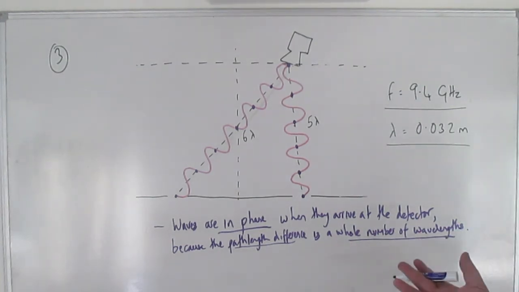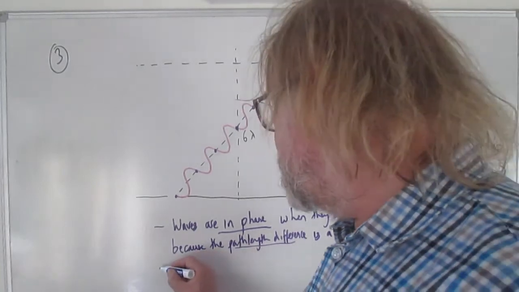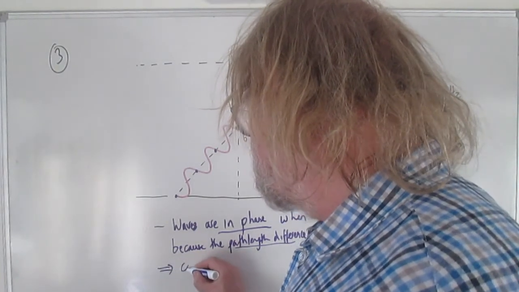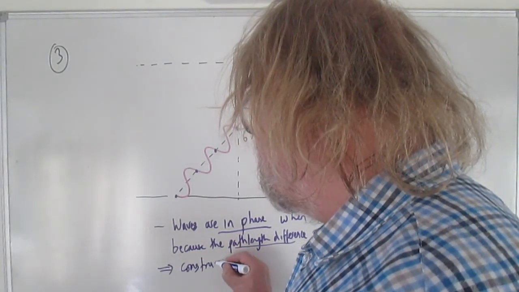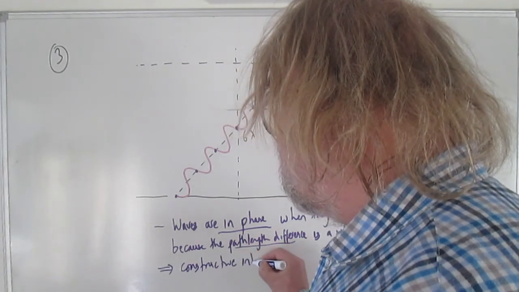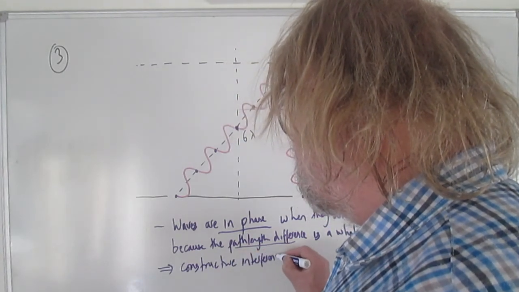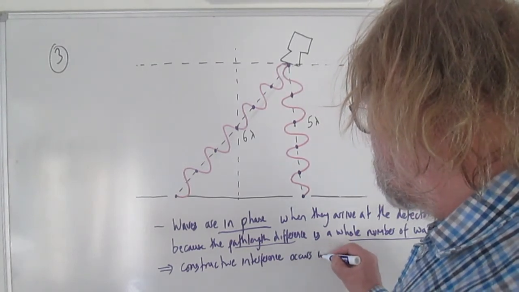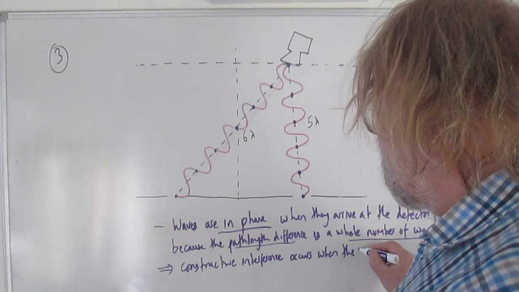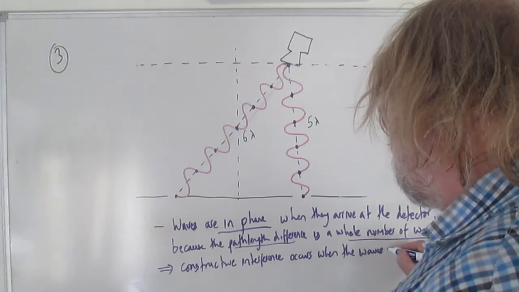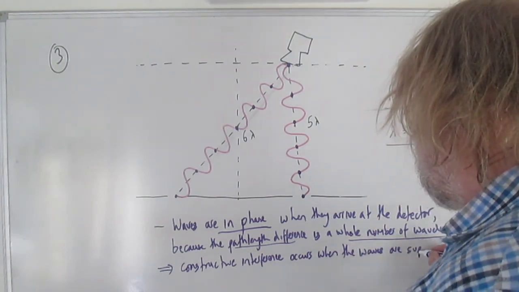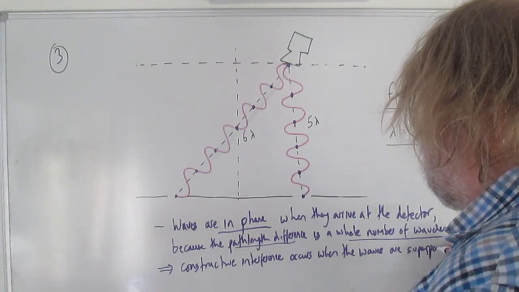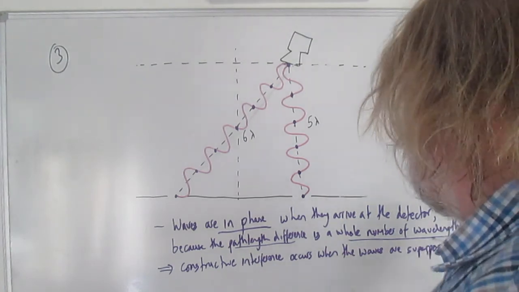And then you have to say, right, well, what does that mean? Well, what it means is that you get constructive interference occurs when the waves are superposed at the detector.